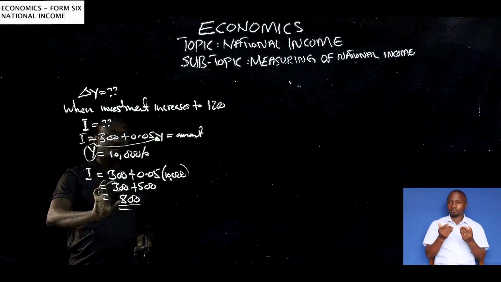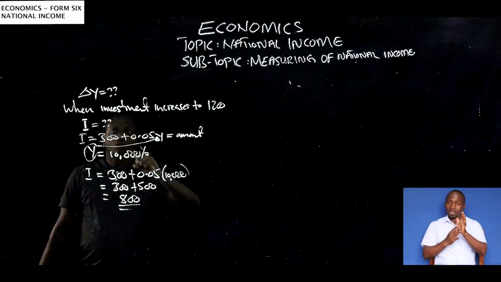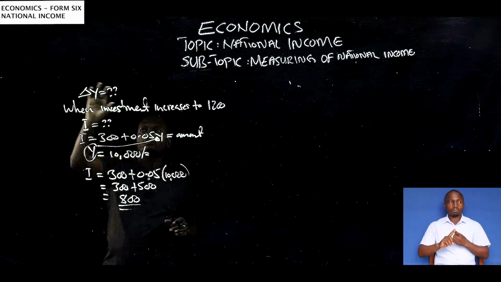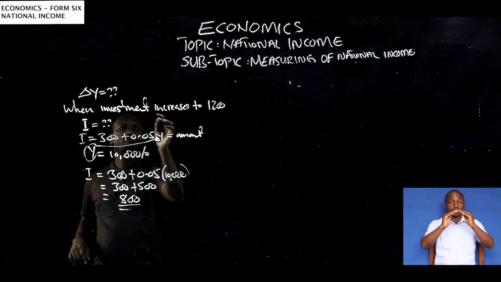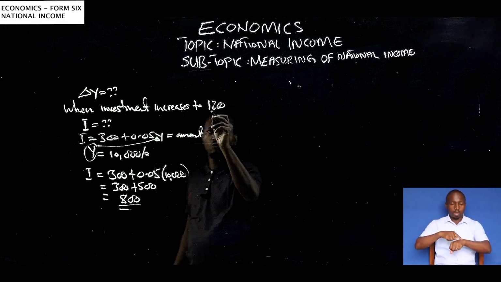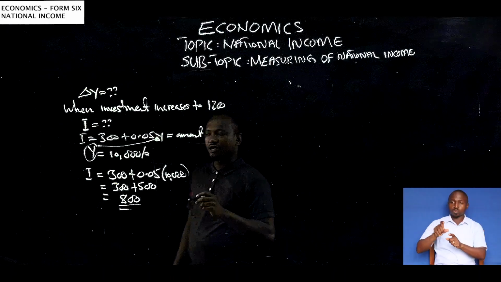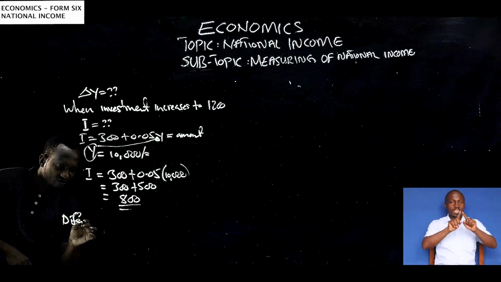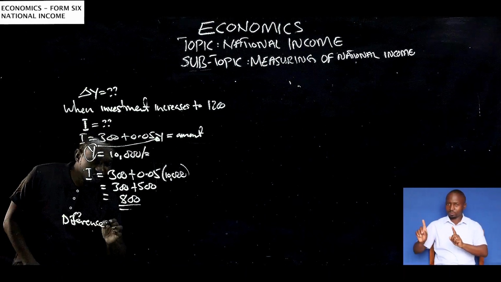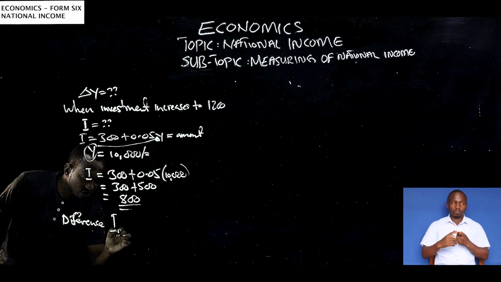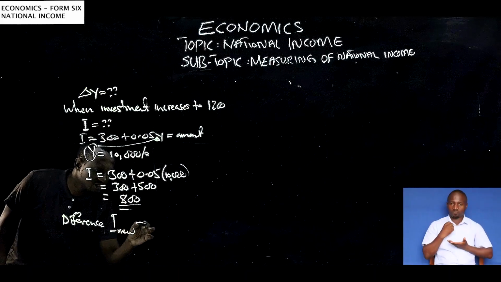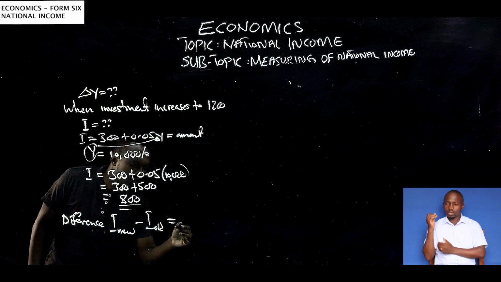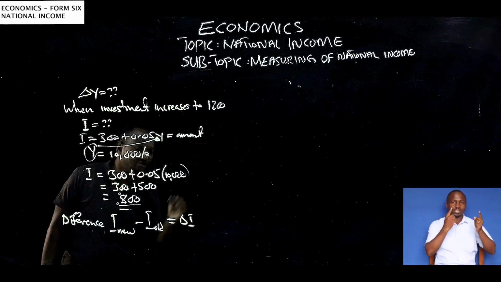The amount is 800. So if the question asks to find the change in income when investment increased to 1,200, here you have to find the difference, you have to take the new investment minus the old investment. You will get the change in investment.